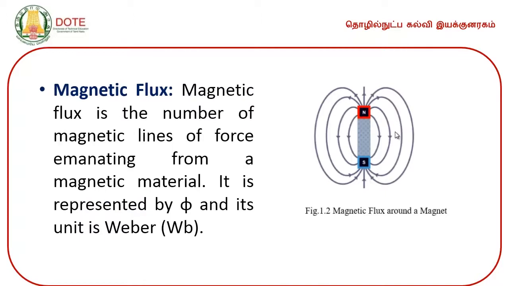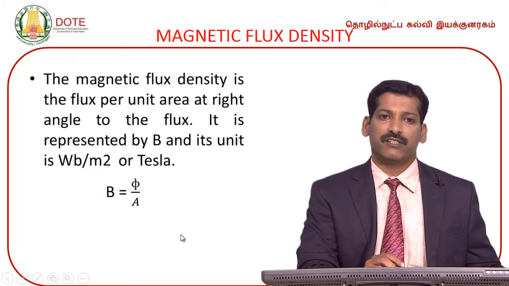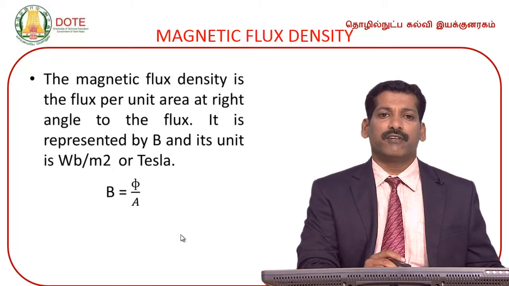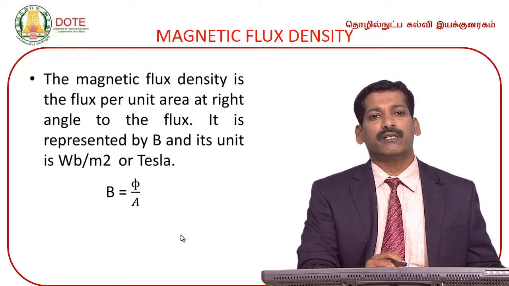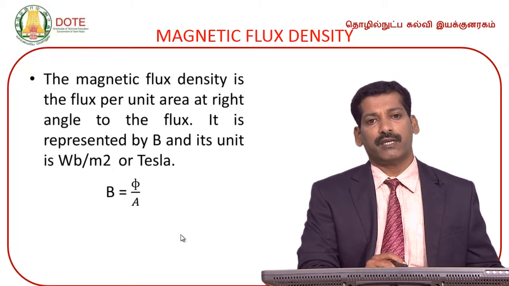Then comes the magnetic flux. Magnetic flux is the number of magnetic lines of force emanating from a magnetic material. It is represented by the symbol phi and its unit is Weber. Magnetic flux density is the flux per unit area at right angle to the flux.